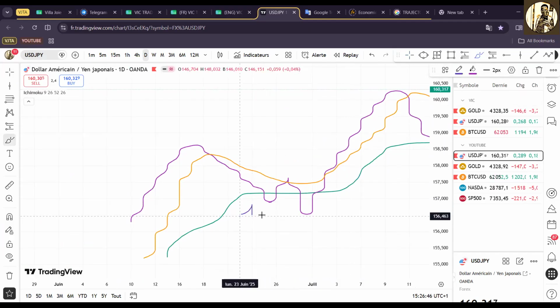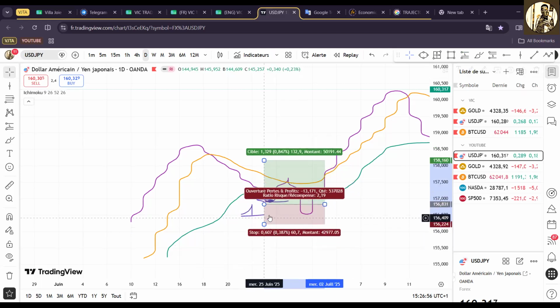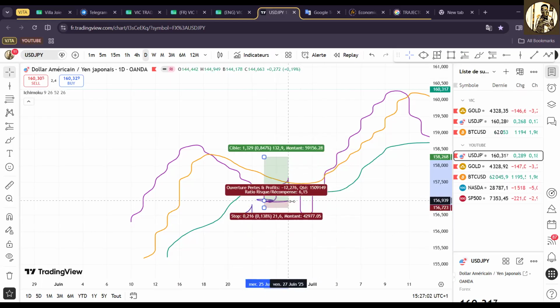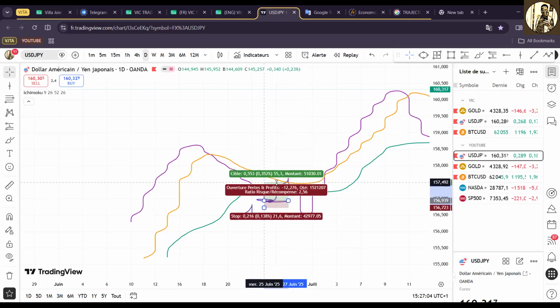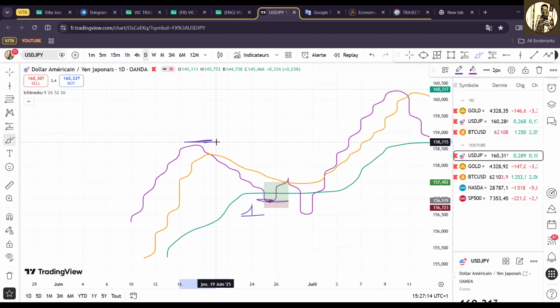When Kijun is touched the first time here, what you need to do is take your entry at the Kijun first touch, and we are on a daily Kijun, and then you place your maximum take profit just above Kijun on Tenkan, because generally the first touch of Kijun doesn't break the V breaker directly.